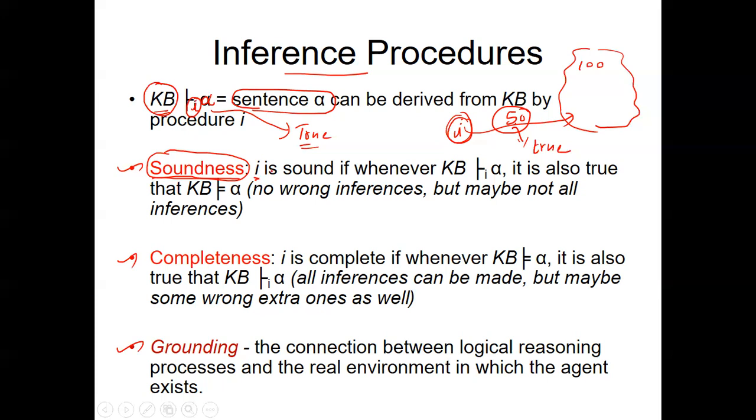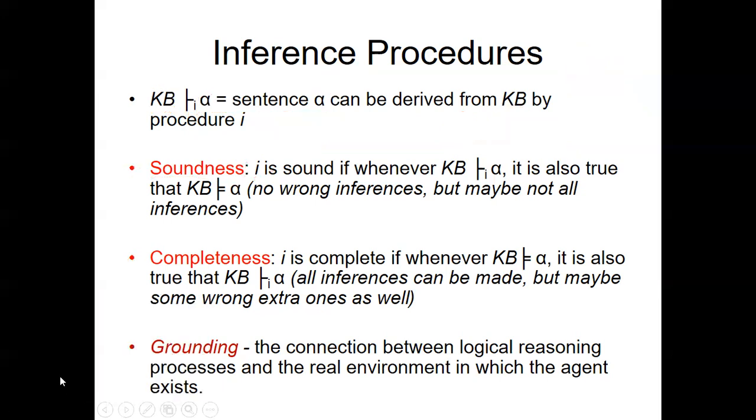The inference algorithm I is sound if, whenever I derives the sentence alpha from the knowledge base KB, it is also true that KB entails alpha. KB entails alpha means that wherever KB is true, alpha is true, which means that sentence is true.